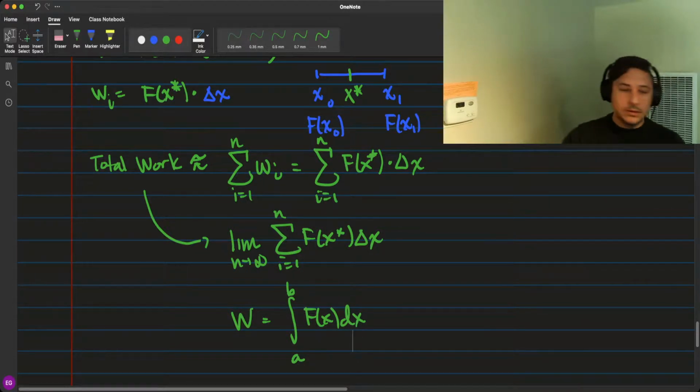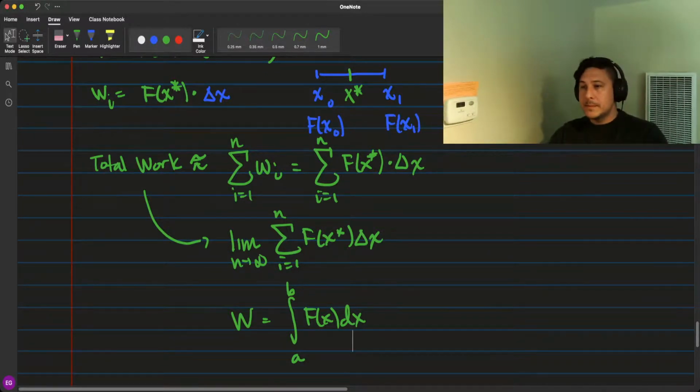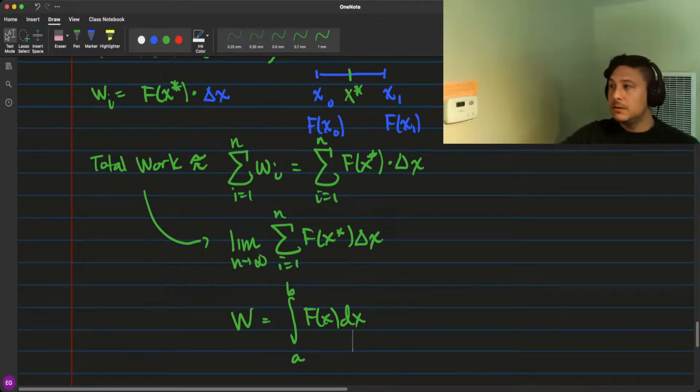Boom. So this gives you a formula for setting up. If you ever need to calculate some work, you go back to setting it up like this. You know that you're going to get some definite integral to calculate.